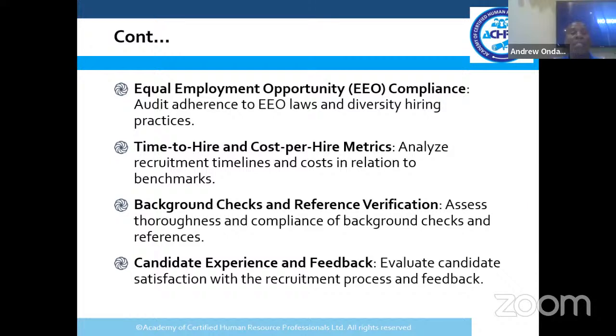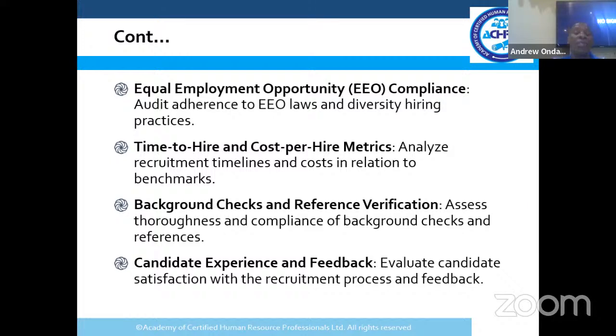Secondly, is the time to hire. How long does it take? And again, depending on the sector, in government, it can take a minimum of 3 months to fill a vacant position. And it can take as long as 1 year or even more. And that's why we hear that people are in acting positions for a long time, possibly because there are gaps in the system.